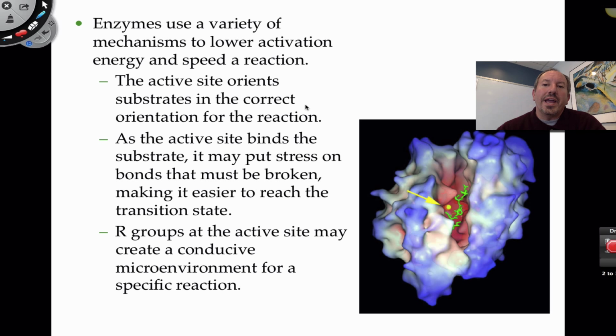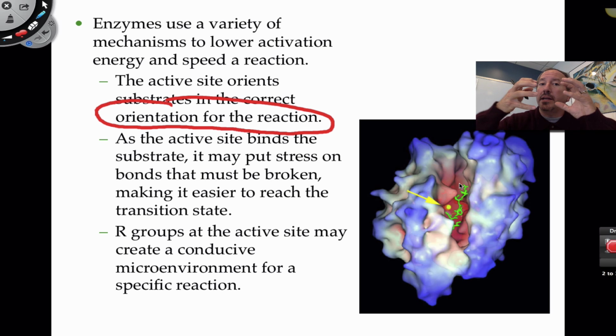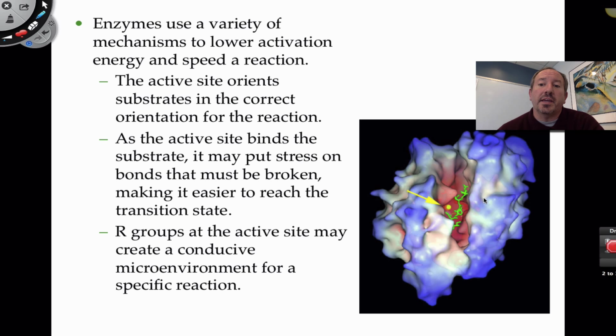And so the way in which we think the active site works is that the substrates fit in just the right, and I'm going to circle these, just in the right orientation for the reaction to occur. In other words, it holds them in just the right 3-dimensional shape so that the collision can occur more readily. So the correct orientation is one way in which we think it works.